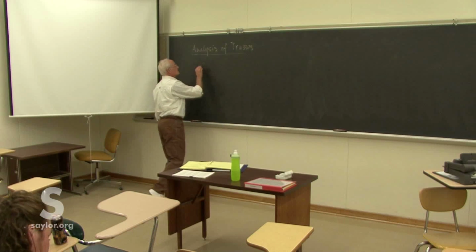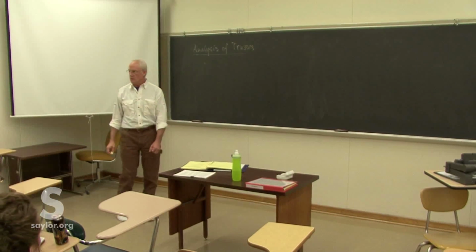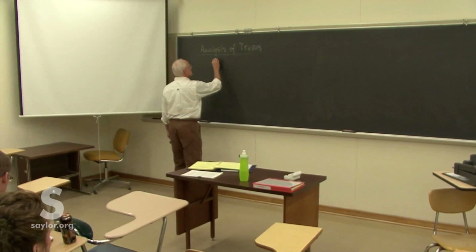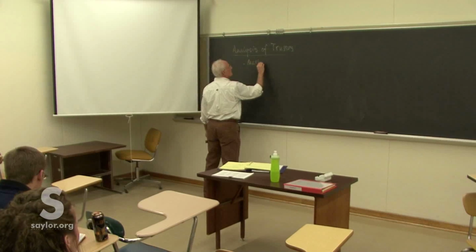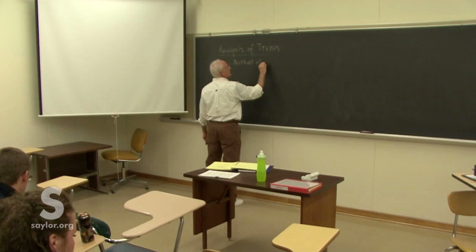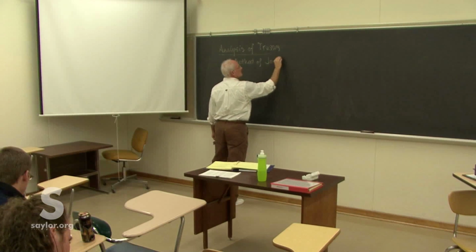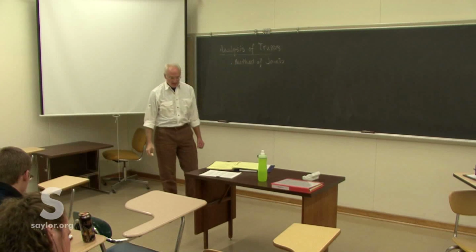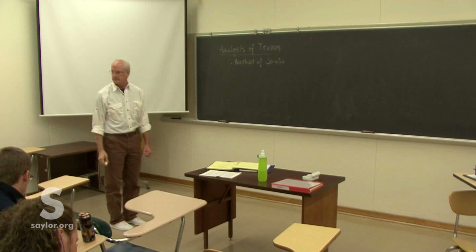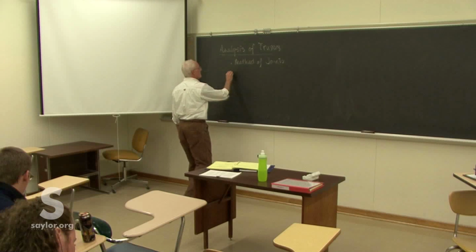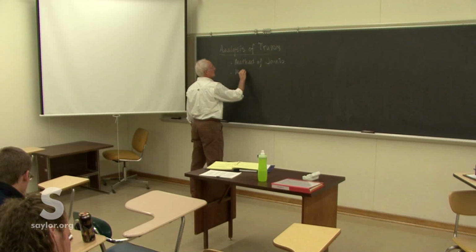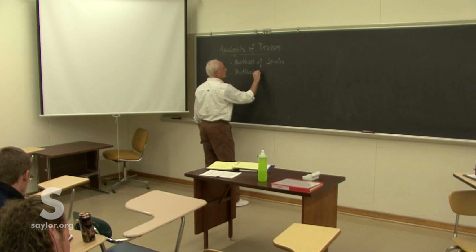And so if I don't specify, then you have your choice of which method. But there's 2 methods that we're going to use. The first we'll go through is what's called the method of joints. That's the one we'll do today. The second is called the method of sections. And we'll do that on Monday.